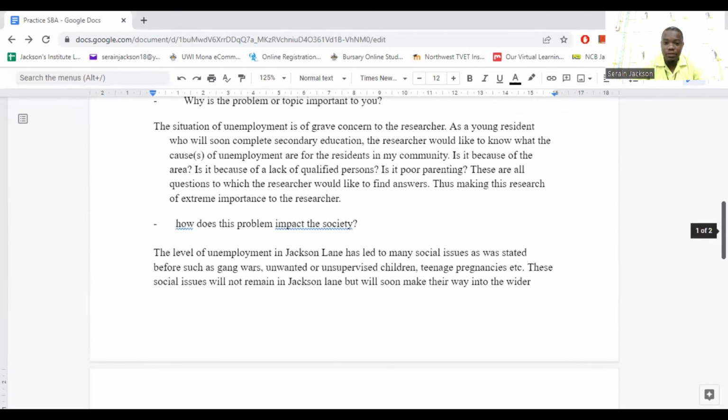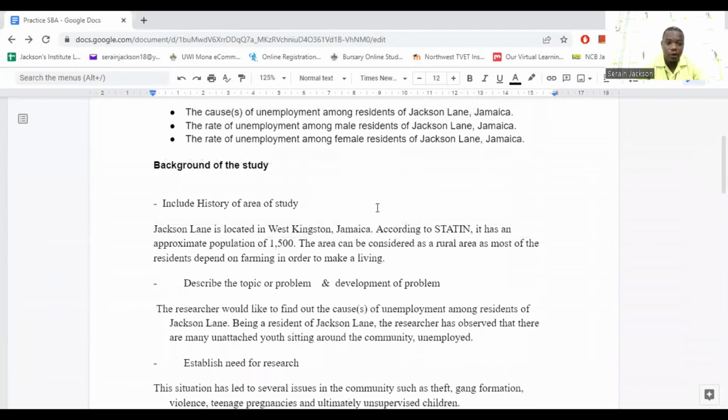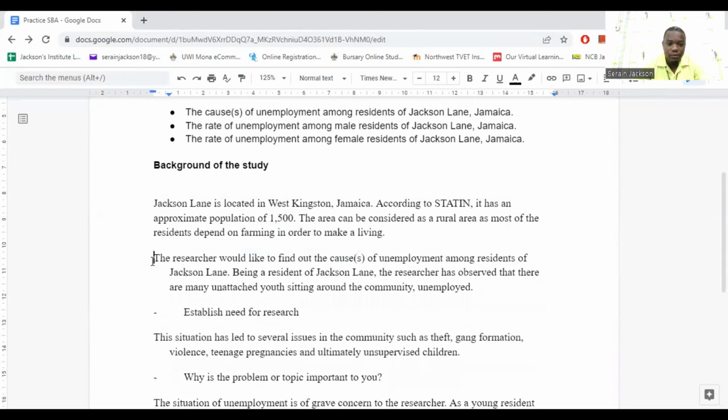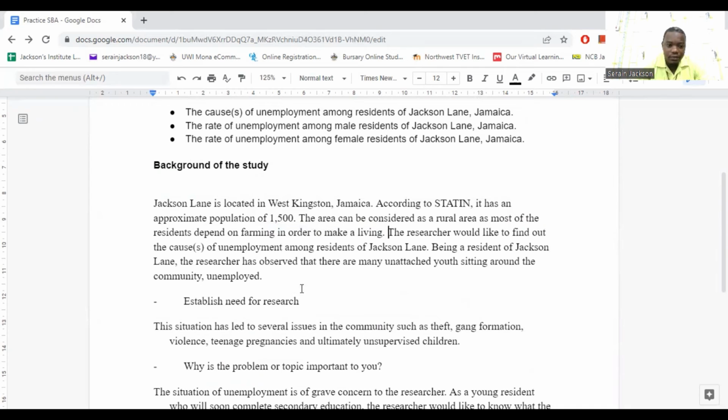And all we need to do now, right? We are going to take out these headings and formulate our paragraphs. Right? Take out these headings. All of these, we take them out.